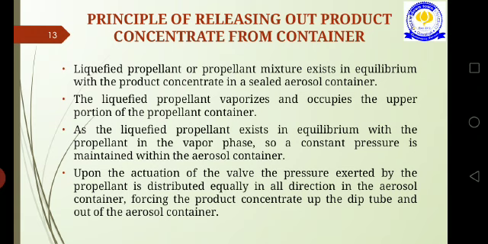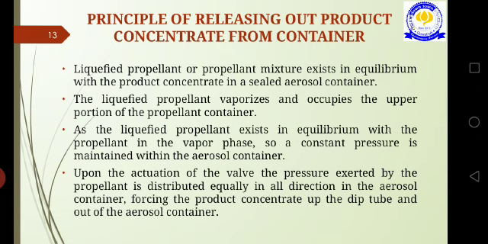Principle of releasing the product concentrate from the container. When we are preparing the mixture, the component which contains the active ingredients along with the propellant will exist inside the bottle in a dynamic equilibrium system. The liquefied propellant vaporizes and occupies the upper portion.